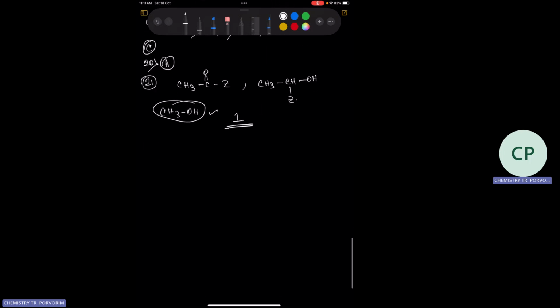Question number 22. How many functional groups are oxidized? If we use PCC, PCC is a very mild oxidizing agent. Because it is very mild, I will draw the group first.